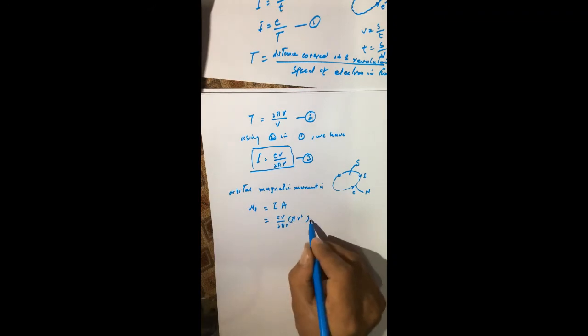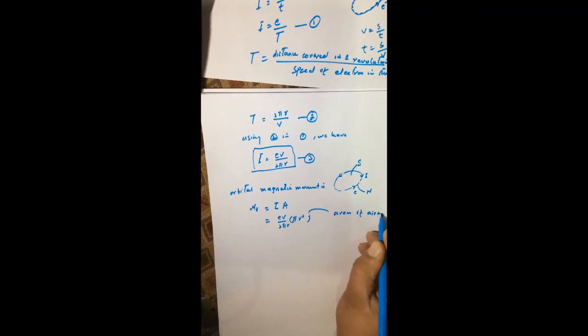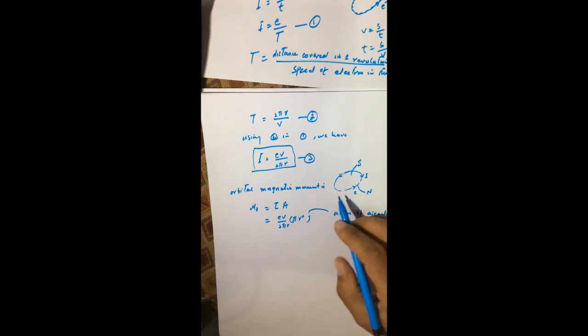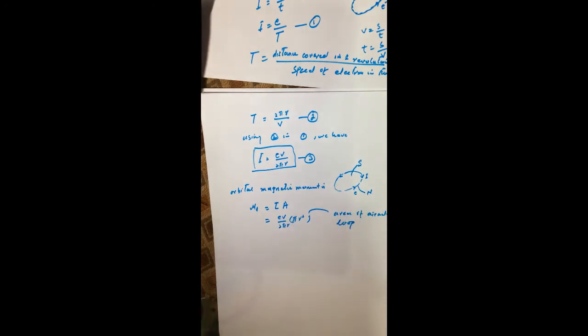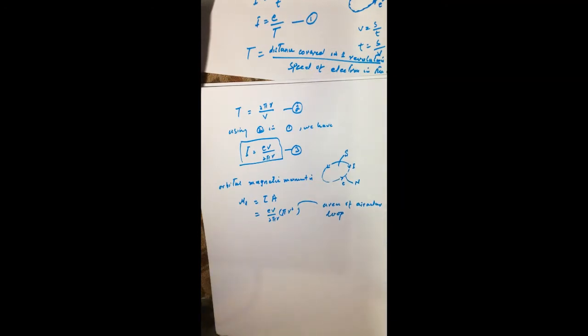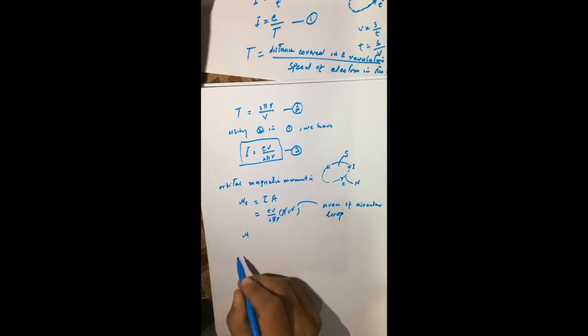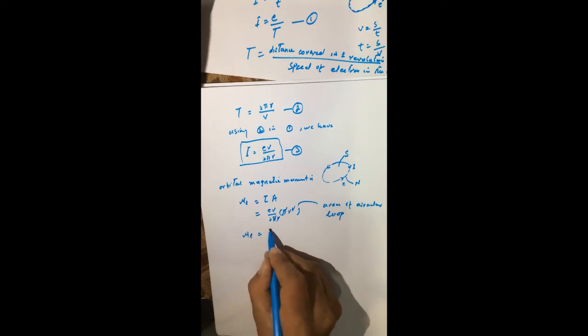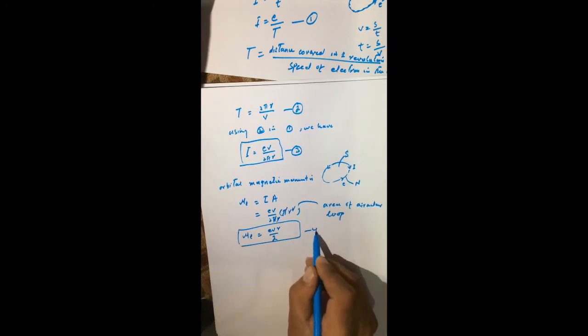Though we are discussing the elliptical orbit, for the calculation I am using the special case, which is a circular orbit, and the area of a circular orbit is pi r square. So pi cancels with pi, r cancels with this r square, so we have the magnetic moment mu L, which is equal to e v r over 2. Let's say this is equation number 4.